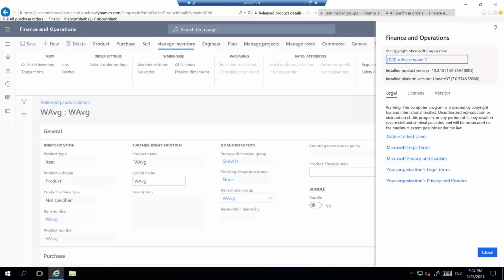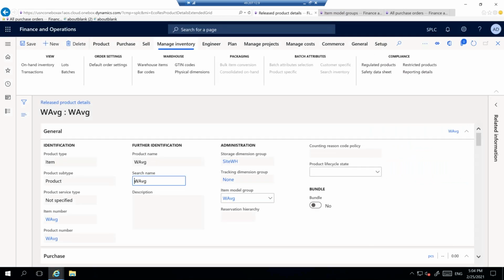This is 10.0.13. Usually you are not allowed to modify the item model group in between. Okay. We'll see in some other version. Usually it will not change. Okay, let me keep this weighted average only. We'll see that later if you have any other versions. Fine. Now, any more doubts?